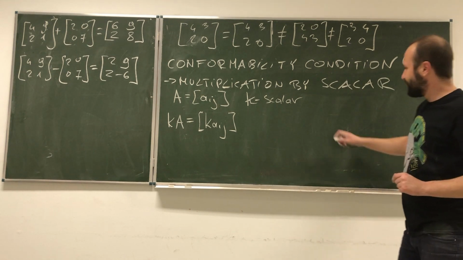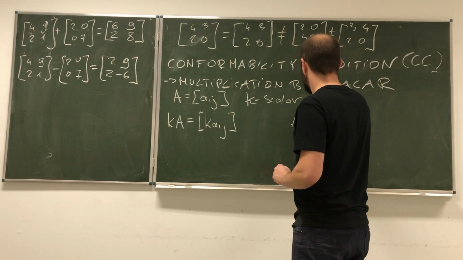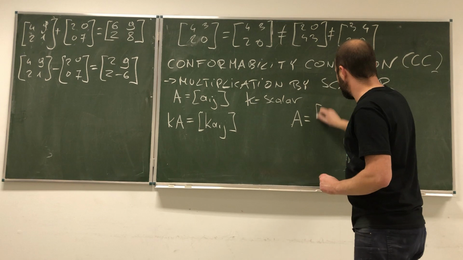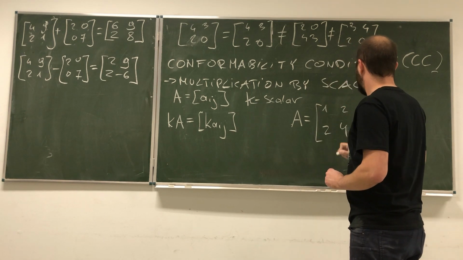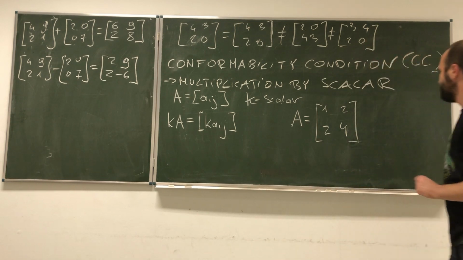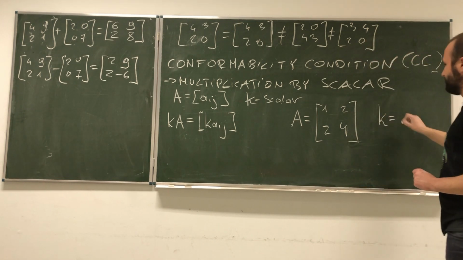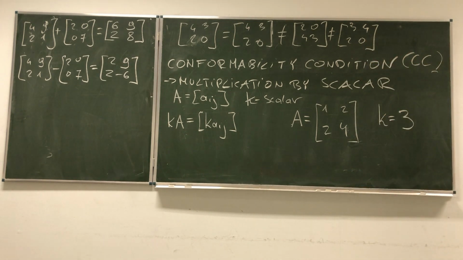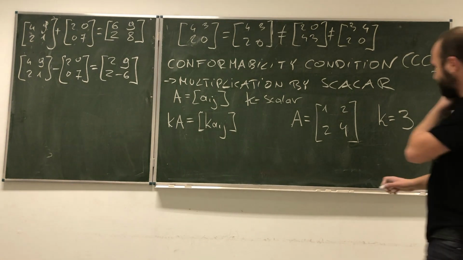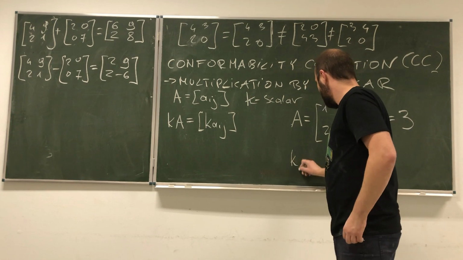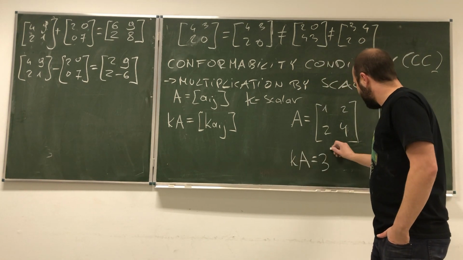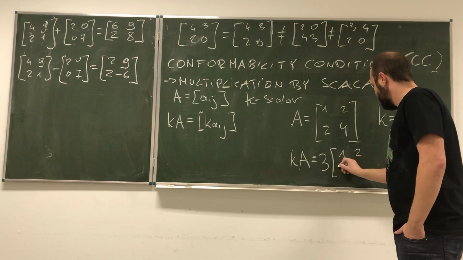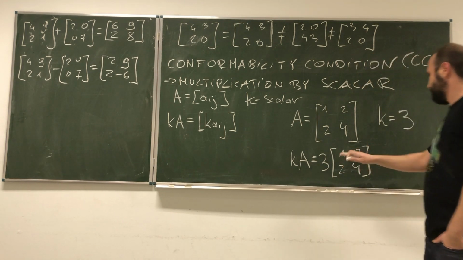Okay, imagine the matrix A is given by numbers 1, 2, 2, 4, and our scalar k is 3. So if I want to obtain kA, all I need to do is multiply each element inside this matrix by 3.